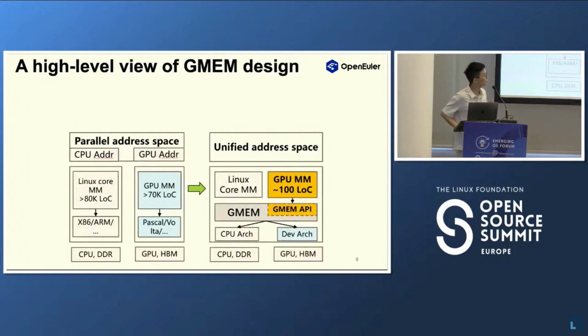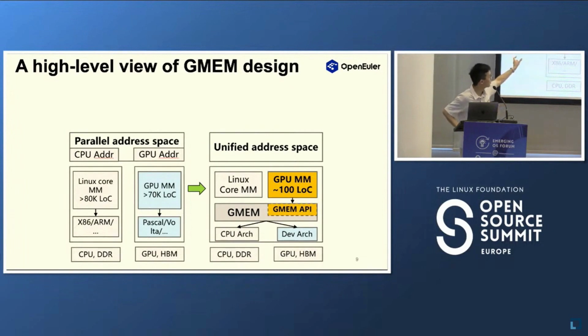So with this understanding of the memory management subsystems, we now have a high-level view of GMEM design. If you take a look at the left part of the figure, this is basically how the current situation works. We have parallel address spaces exposed to the upper-level application, making it difficult for programmers to write their programs.